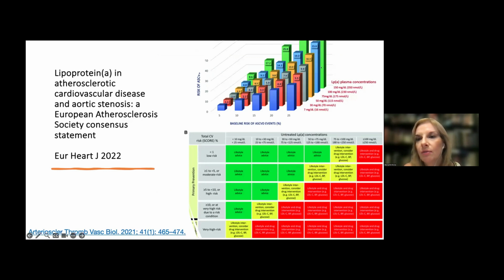So this is very, very impressive that individuals with very high LPA, more than 150, even if they might be in a very low score risk, carry risk that is very high, the highest risk.